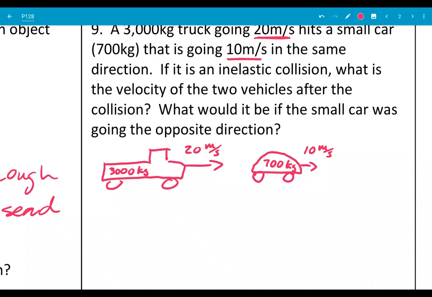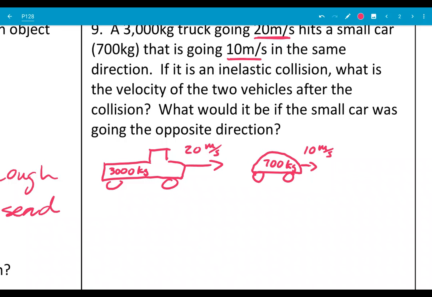They may generate heat, that takes energy. There may be sound, that takes energy. So energy is not conserved, but the momentum is, which means the total momentum of the two vehicles before is equal to the total momentum after.